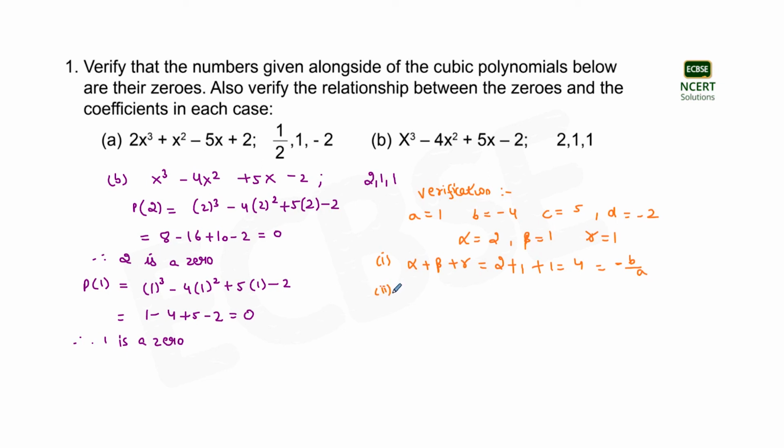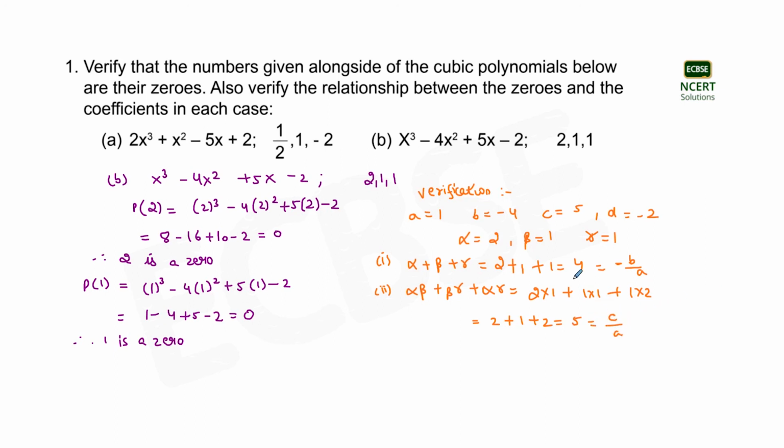Now coming to the second relation, it says alpha into beta plus beta into gamma plus alpha into gamma. On substituting the values of alpha, beta and gamma in this relation, we will obtain 2 into 1 plus 1 into 1 plus 1 into 2, which is equal to 2 plus 1 plus 2, which is equal to 5, which can be written in the form c over a.